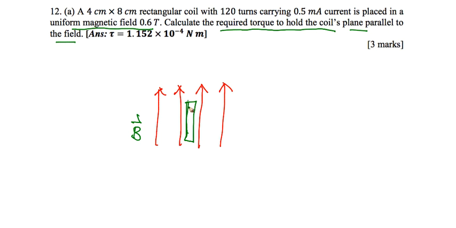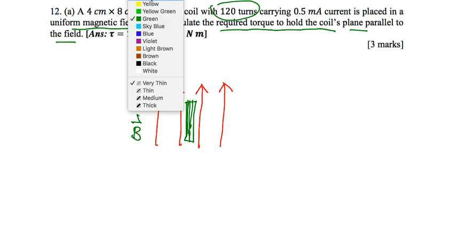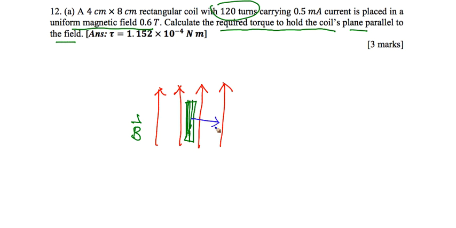How many turns here? We have 120 turns. The area here is A, and the current here is 0.5.